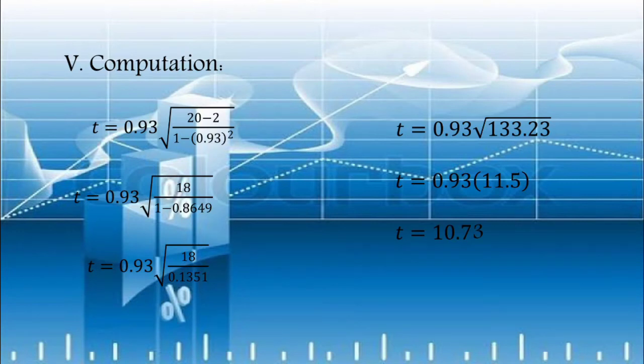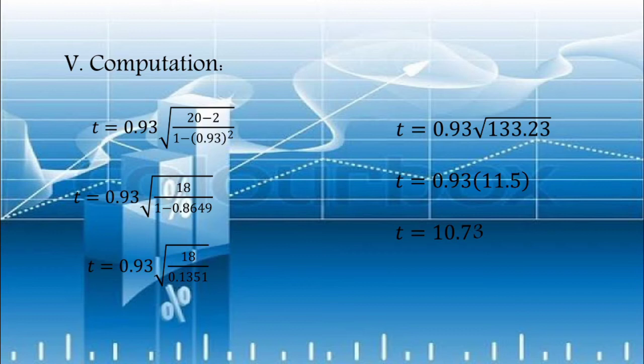We need to substitute. Our r is equal to 0.93, then the square root of n, which is 20, minus 2, over 1 minus the value of r, 0.93, squared.